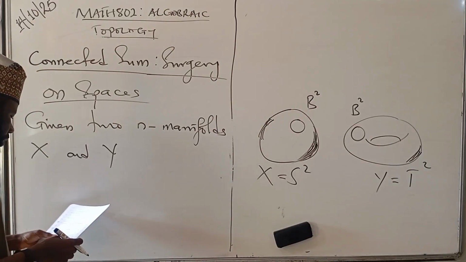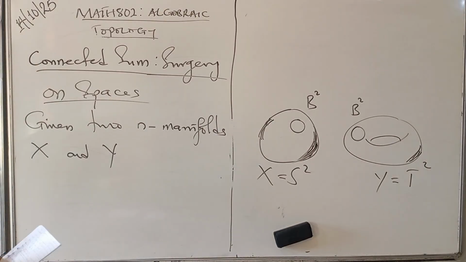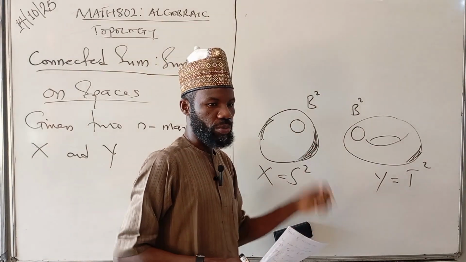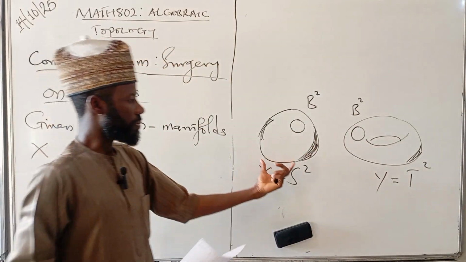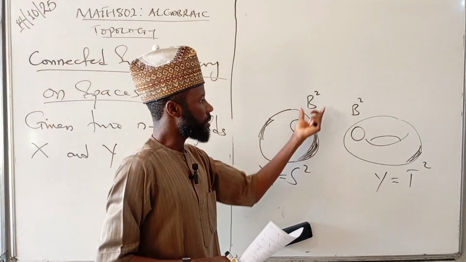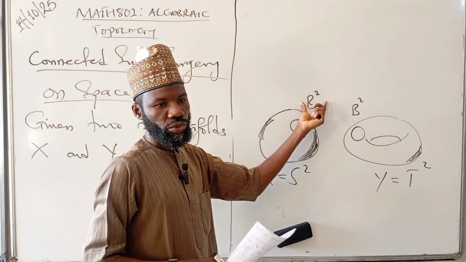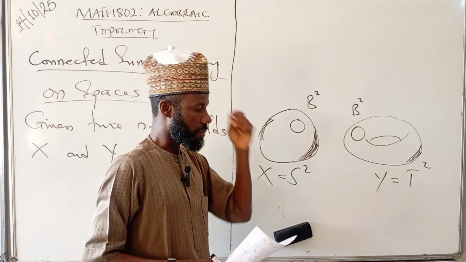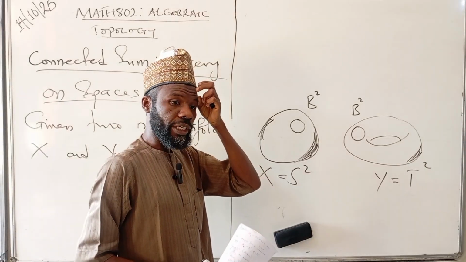So it will be true that this boundary and that boundary are homeomorphic. This space without the ball of dimension 2 and that space without the ball of dimension 2 are also homeomorphic.